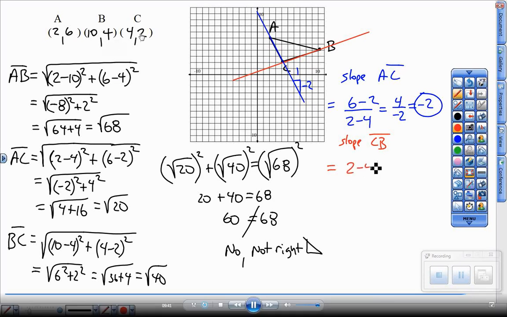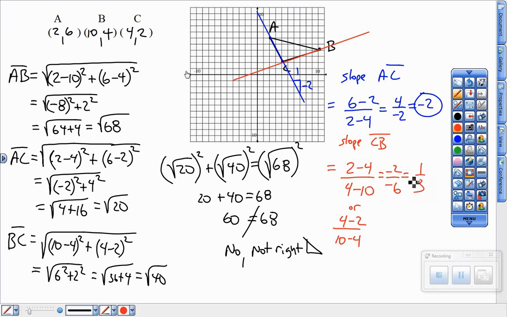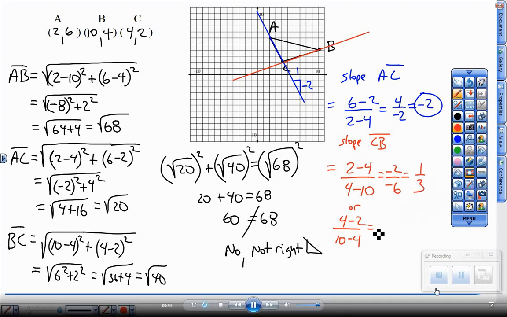I'm going to go 2 minus 4 again, going right to left, stay in that pattern right to left with my x's. I could have went 4 minus 2 on top as long as I went that same pattern with my x's. But that gives me negative 2 over negative 6, which is 1/3, which is not quite a negative reciprocal.